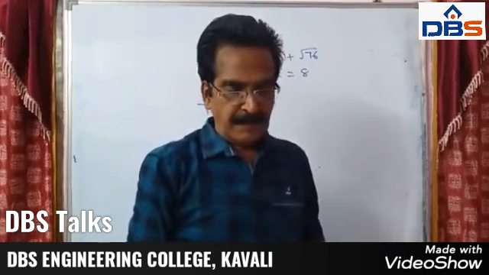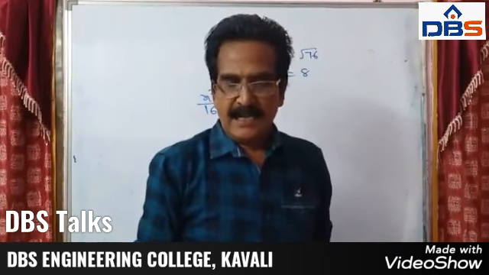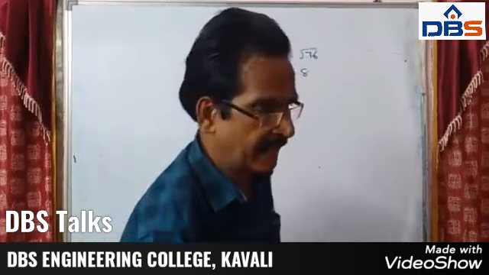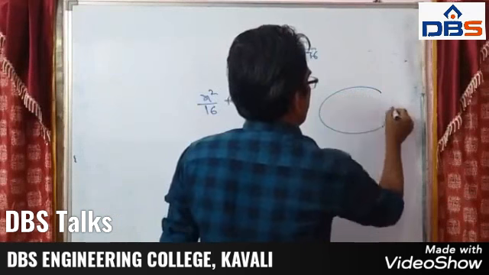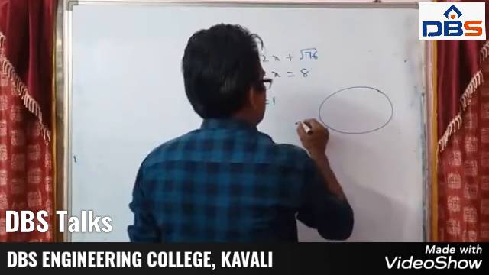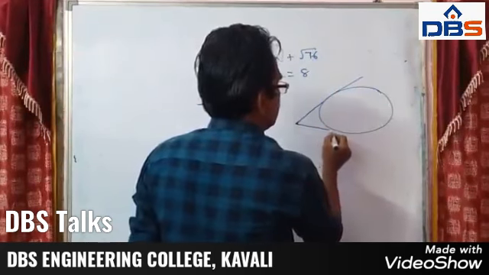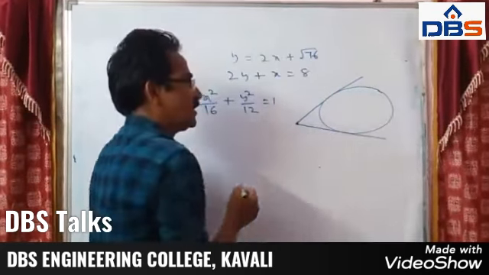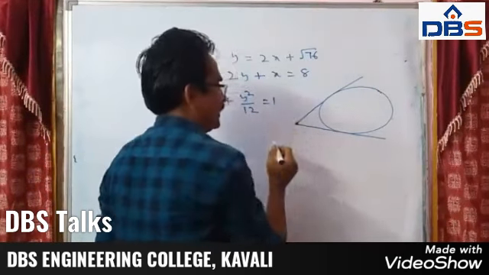If the point of intersection of these two lines lies on a circle whose center coincides with the center of the ellipse, then the equation of the circle is... See, this is our ellipse and this is a point from which these two lines pass, and this is the point of intersection.